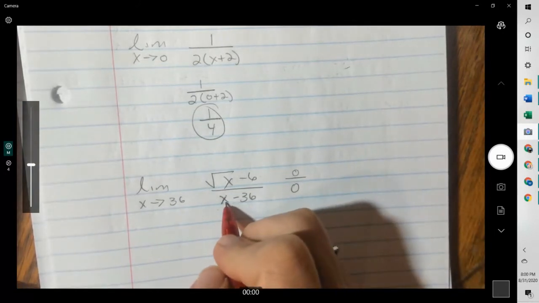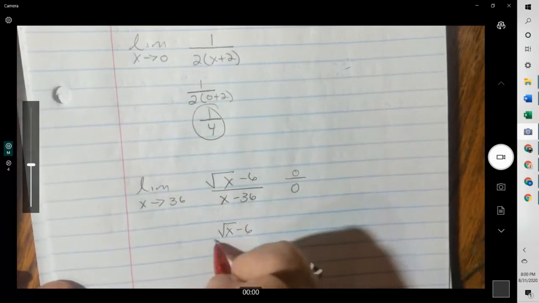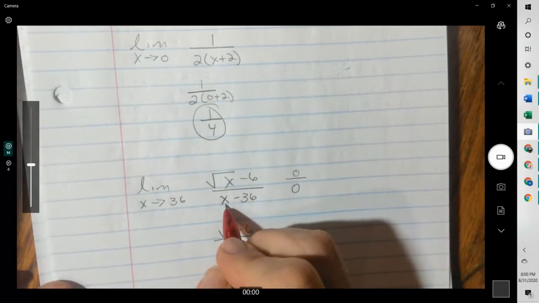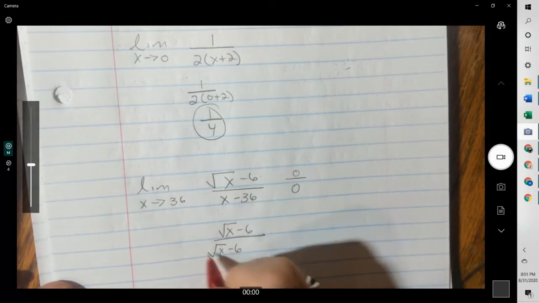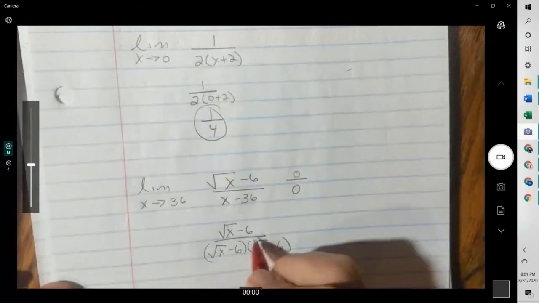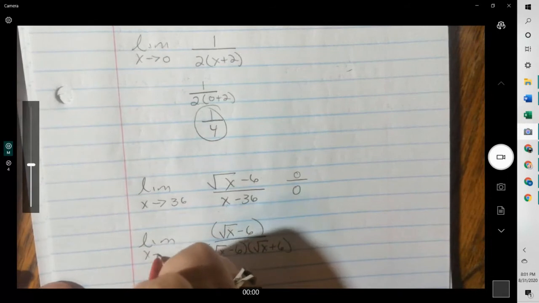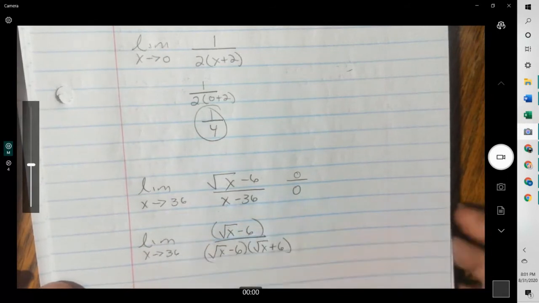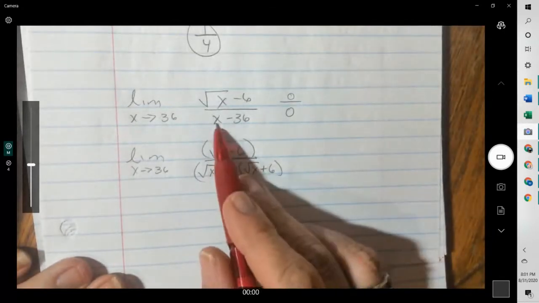When this is x to the first, so on top we have the square root of x minus 6. When this is x to the first, this will factor into square root of x minus 6 and the square root of x plus 6. Now, if you multiply that out, you will see that it gives you x minus 36. Because square root of x times the square root of x is x.